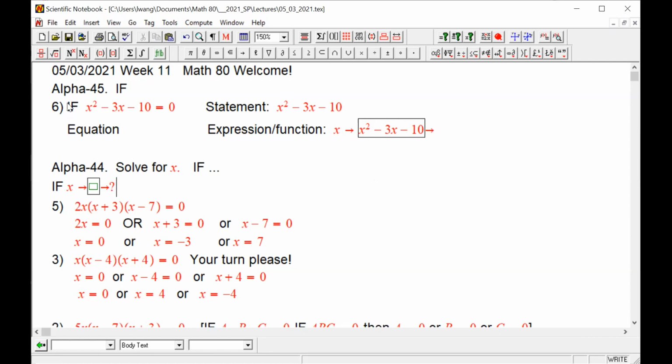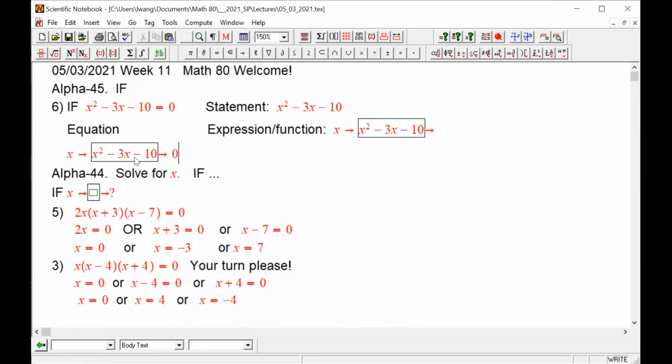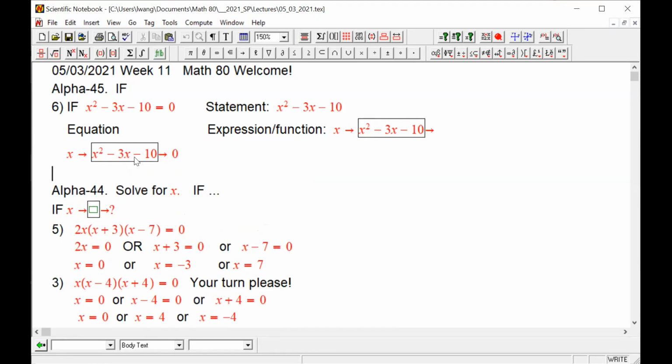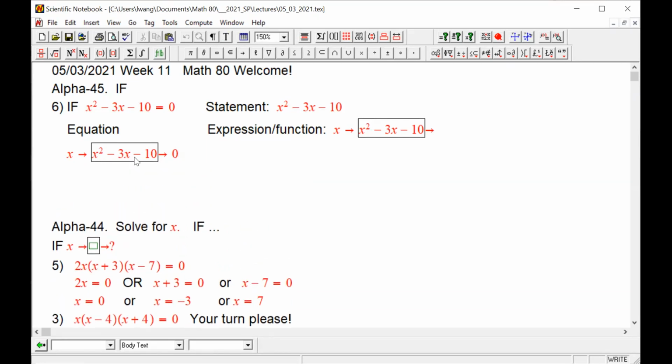The if statement basically says, I want the output to be 0. Do you guys understand what it means? This is the basics of mathematical grammar. So let's see what we can do to solve this equation.